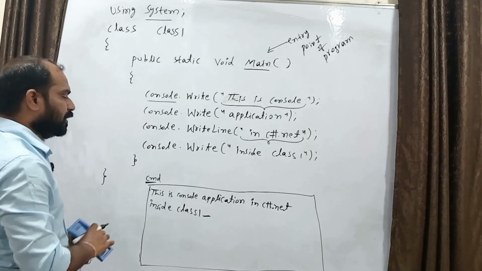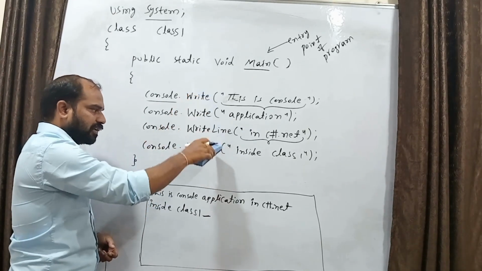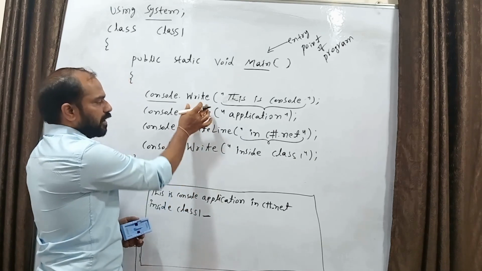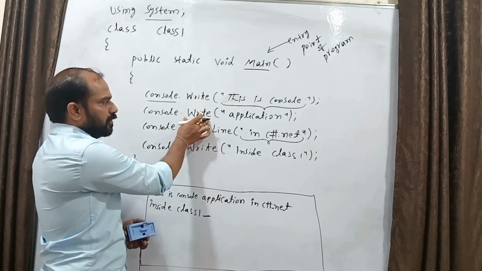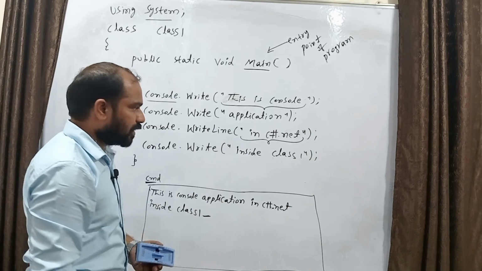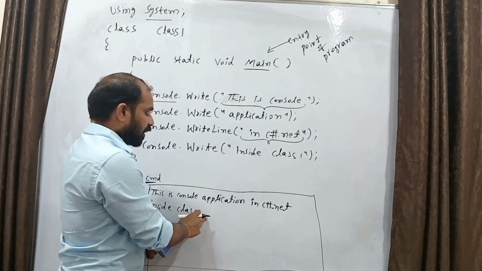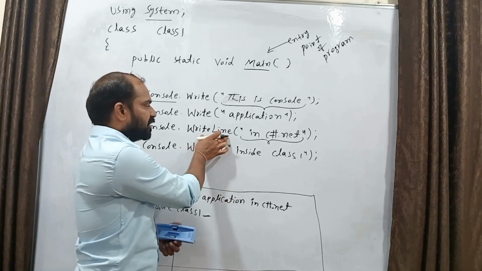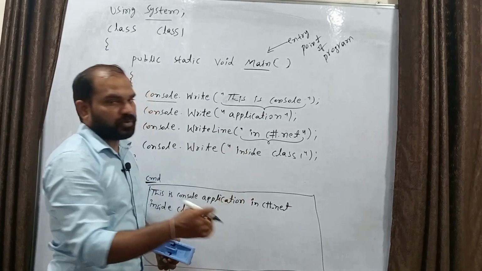So this is what will happen when these methods are being executed, and this is the main difference between the write method and the write line method. After execution of the write method, the cursor or control is not going to move to the next line. Whenever the write line method is executed, the cursor will move to the next line.